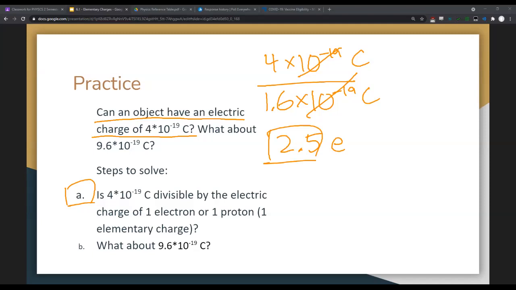What you'll find out in the future is that you can indeed break down a proton, because there are things that make up a proton, but nothing makes up an electron. All right, what about 9.6? Is 9.6 times 10 to the -19 a valid, possible charge?